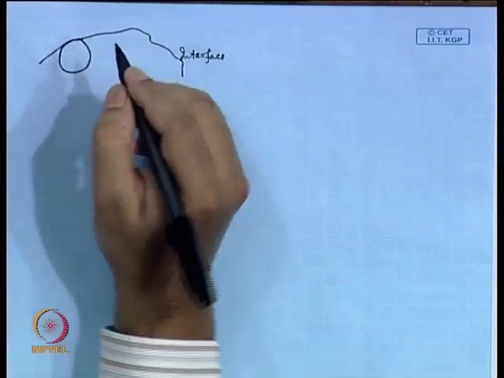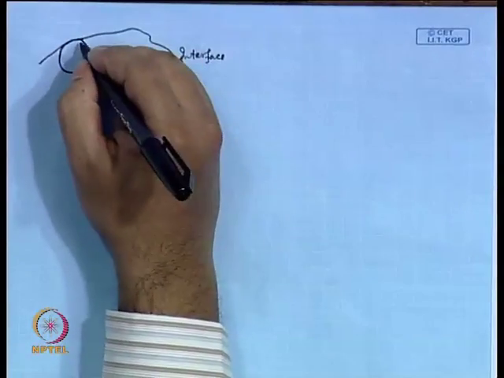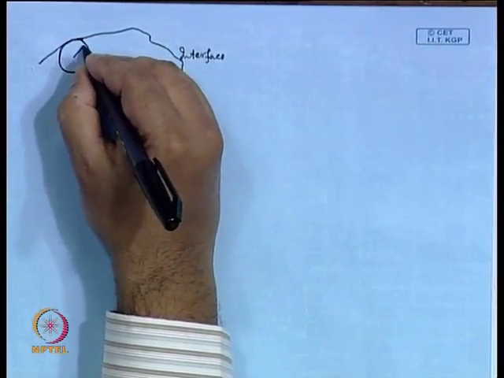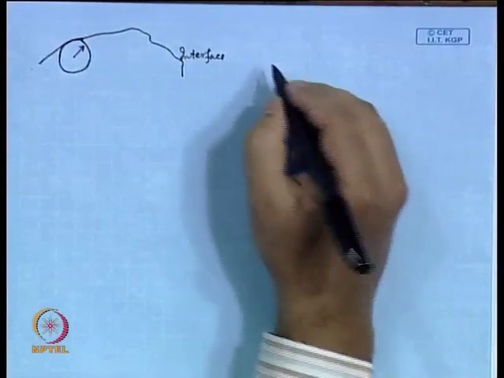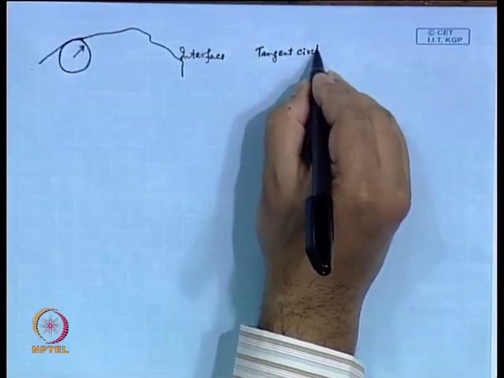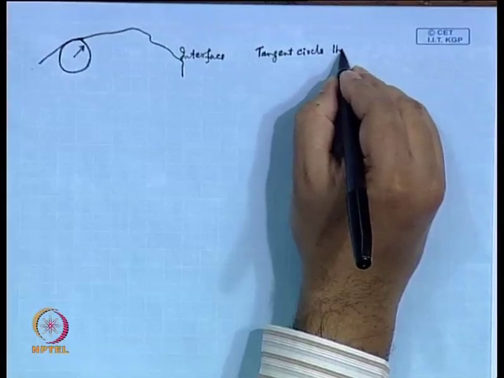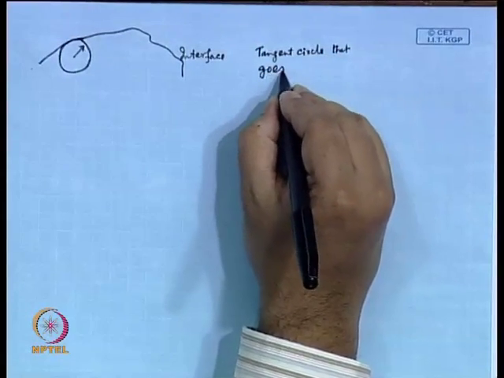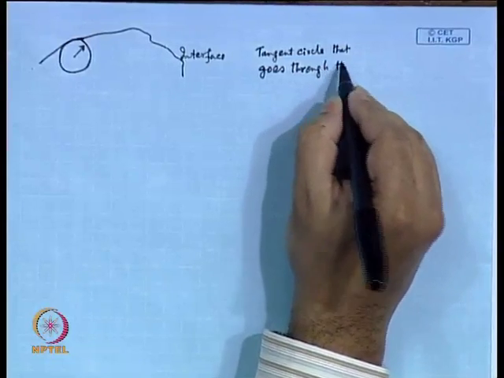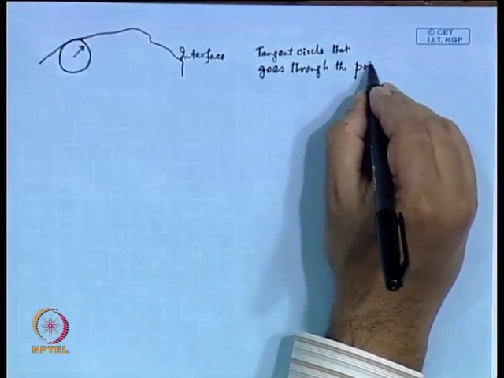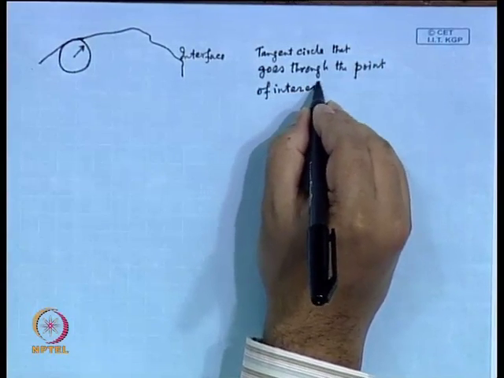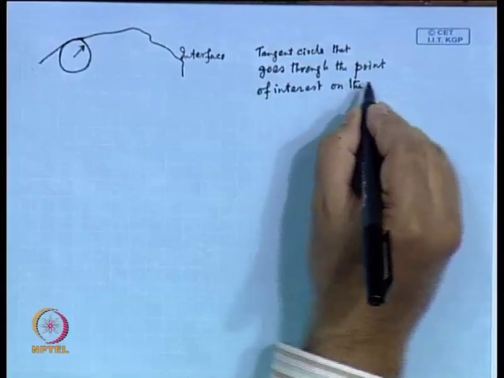And what would be that curvature? Suppose this is the interface, then in that case you can draw something called a tangent circle that goes through the point of interest on the interface.